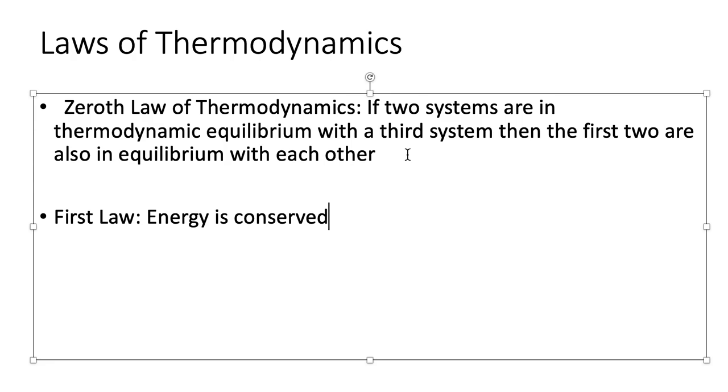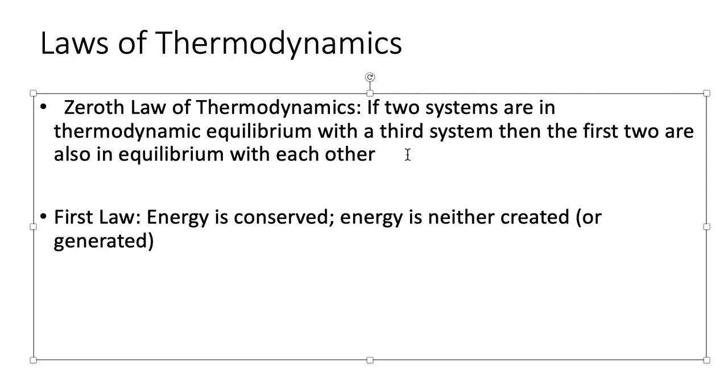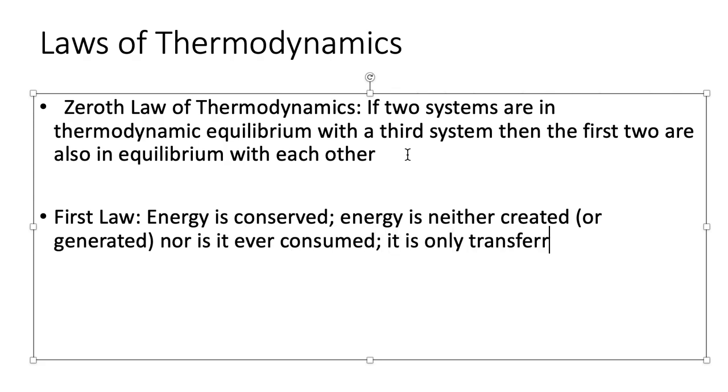So energy is conserved, and by that I also mean, equivalently, energy is neither created or generated, nor is it ever consumed. It is only transferred among systems or between systems. That's the first law, and we're going to see how to apply that in a lot of different scenarios.